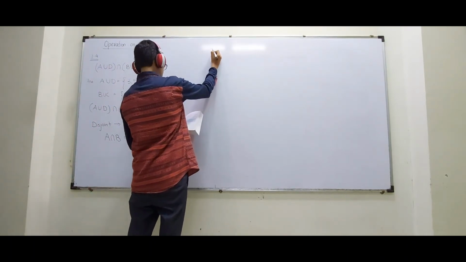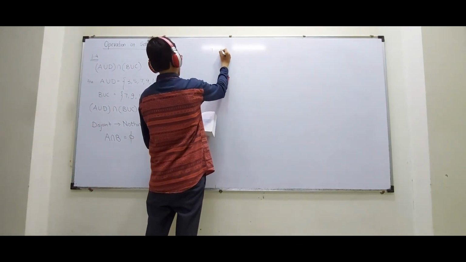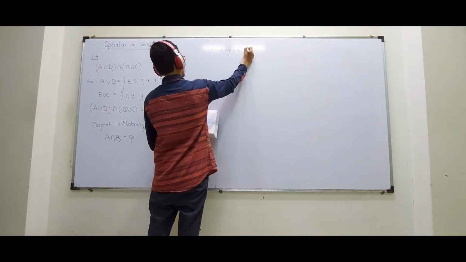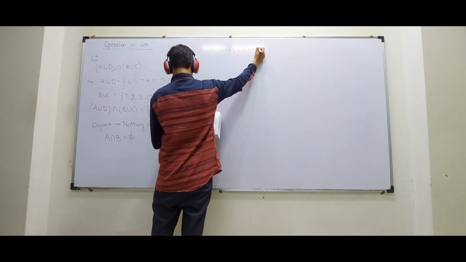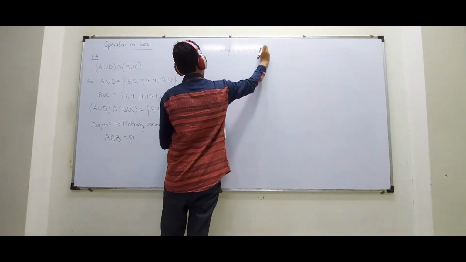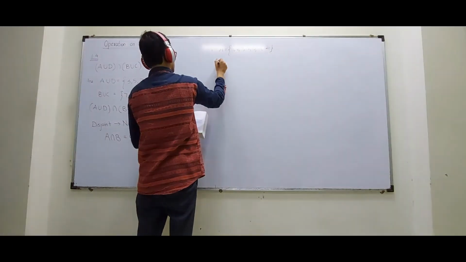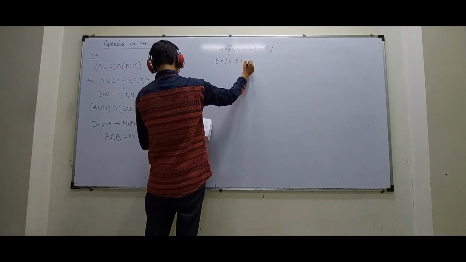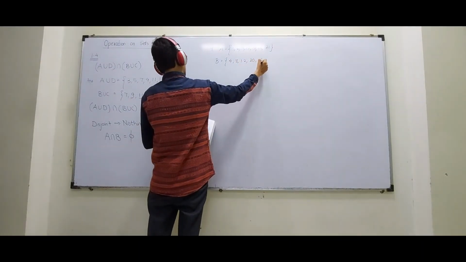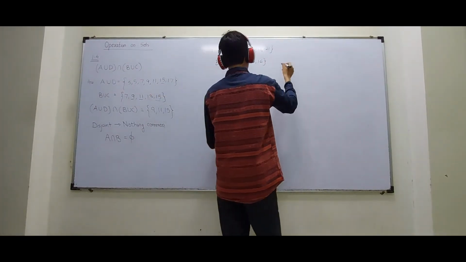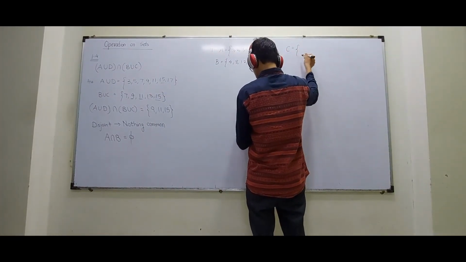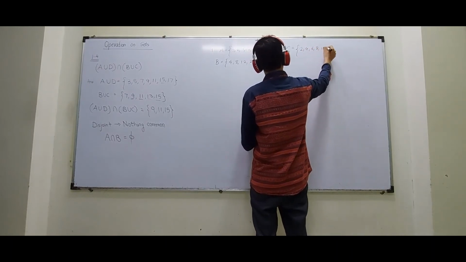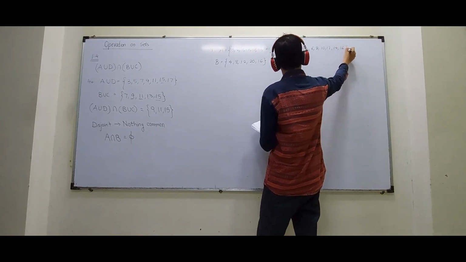Okay. Let us solve question number 9 now. It is based on subtraction. So again set A is given as 3, 6, 9, 12, 15, 18, 21. Set B is given as 4, 8, 12, 20, 16. Then C is given as 2, 4, 6, 8, 10, 12, 14, 16.